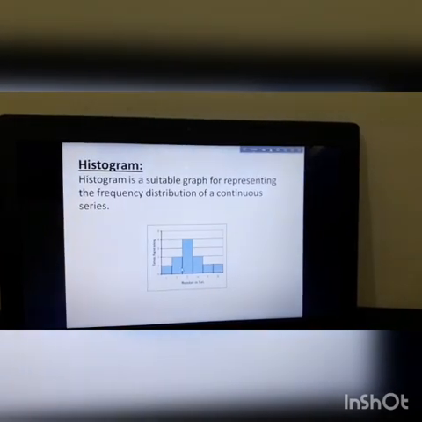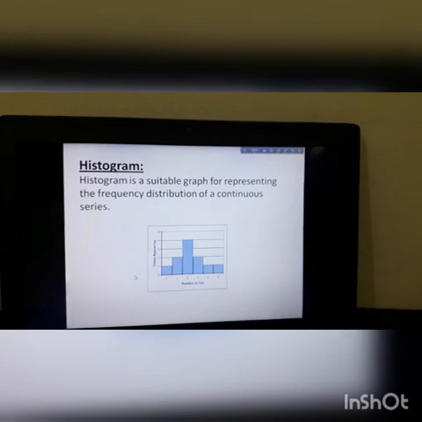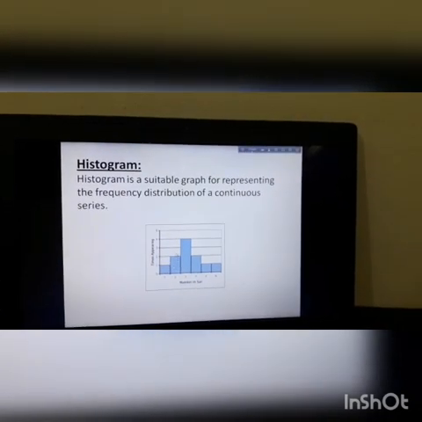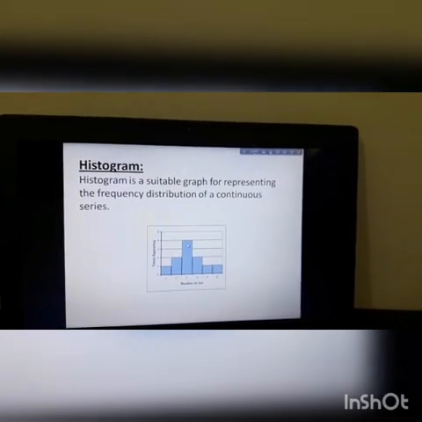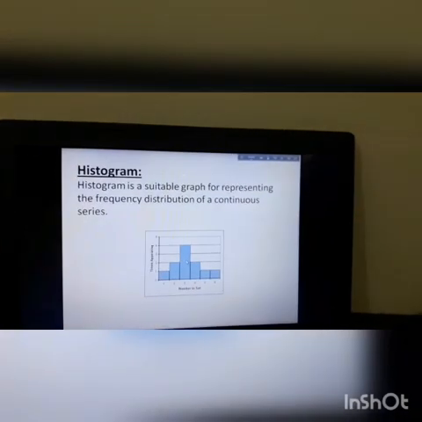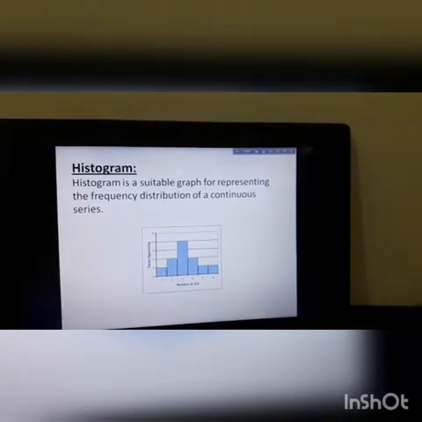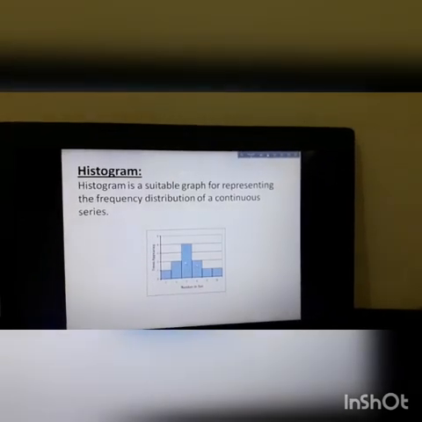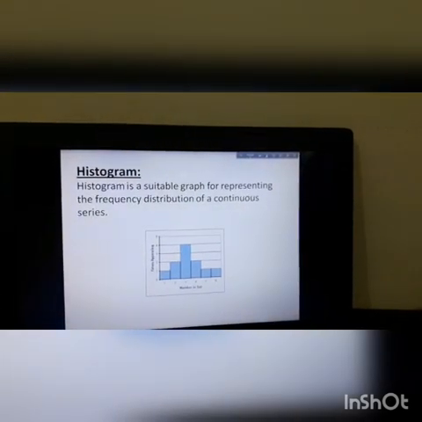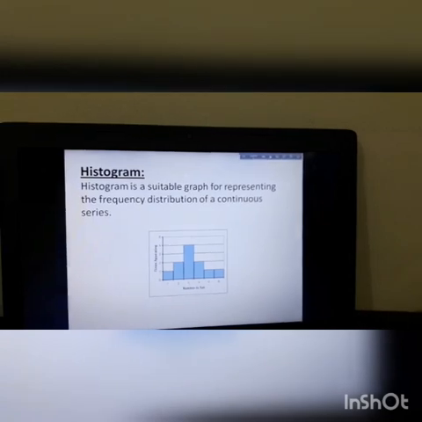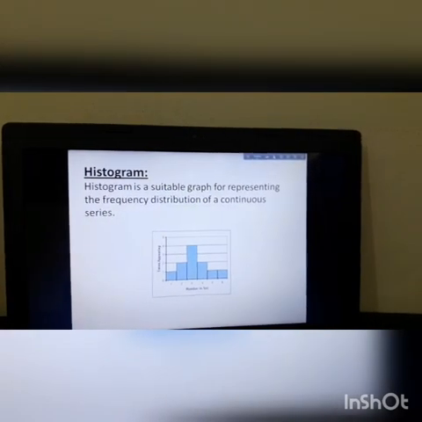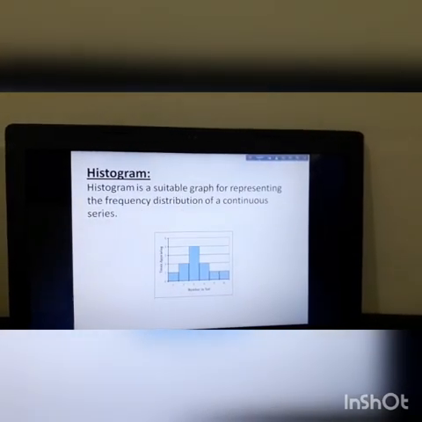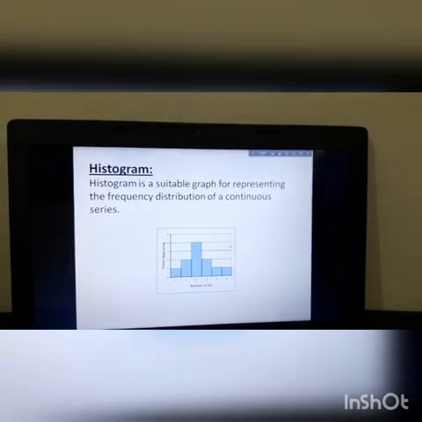After that, against the classes, you will get different types of rectangles, and in between the rectangles there must not be any gap, and the complete figure is known as histogram. If you represent a frequency distribution table on a graph, then you will get such a figure.